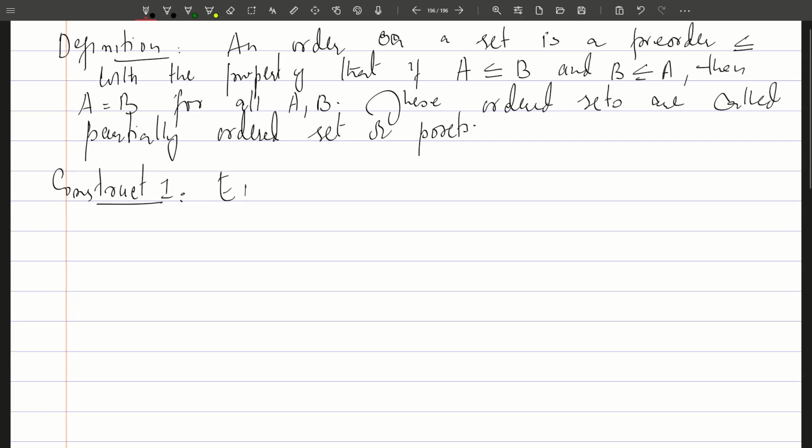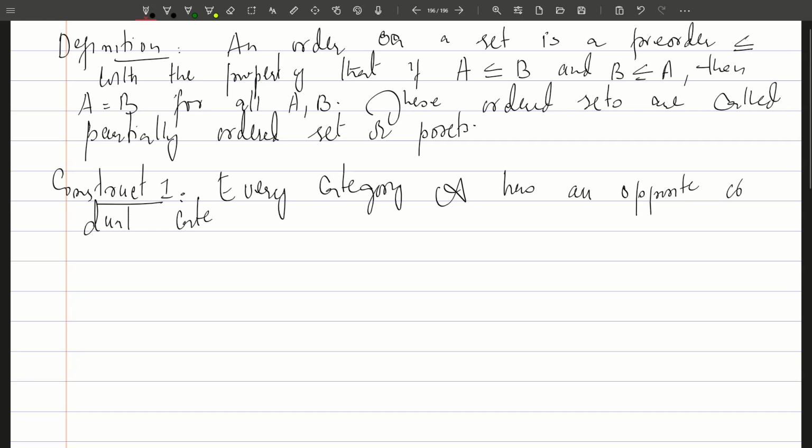So every category, say fancy A, has an opposite or dual category. And we denote this opposite category by A together with the symbol OP, which stands for opposite.